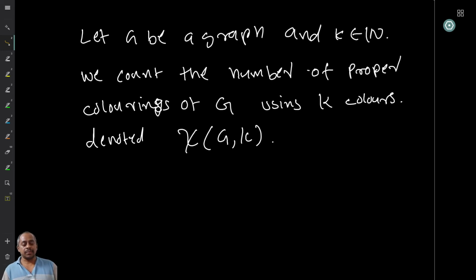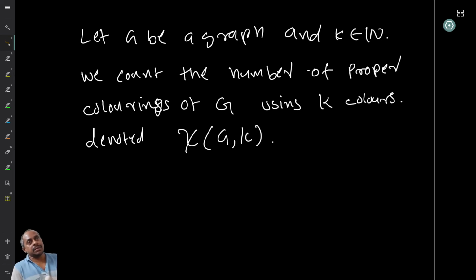The graph G is given, and then a number k is given, and the question is what is the number of colorings of G using k colors. So for each k you can find this, and for general k you can write it as a function.